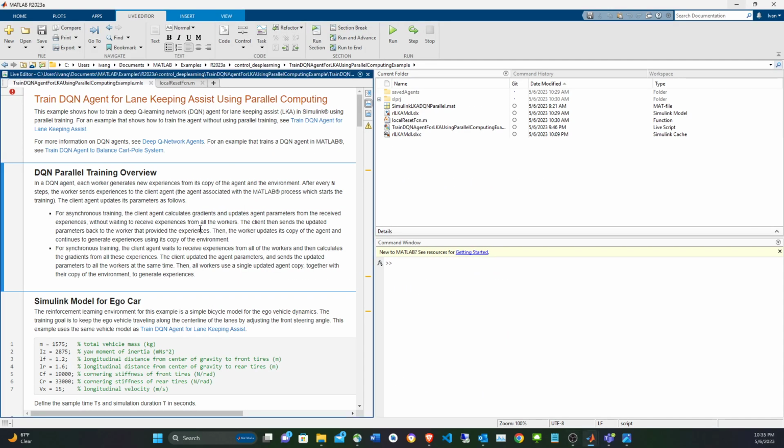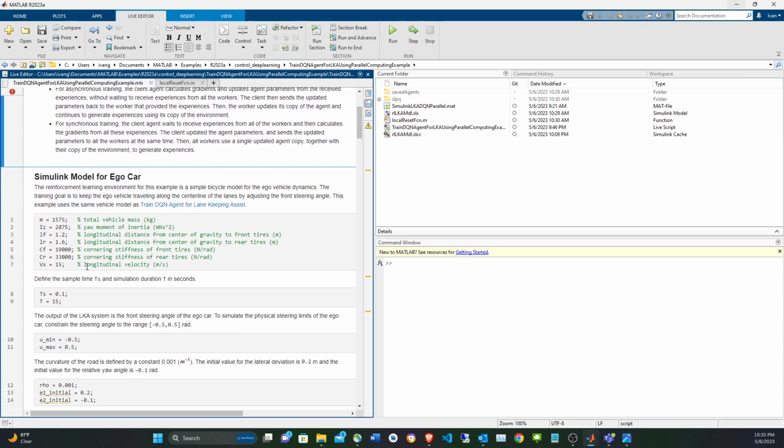Okay, now we are in the MATLAB session. First are the physical parameters of the model, which are the mass of the car in kilograms, the moment of inertia of the steering, the cornering stiffness of the front and rear tires, and the longitudinal distance of the center of gravity to the rear and front tires, and also the longitudinal velocity, which, as I mentioned before, is 15 meters per second.